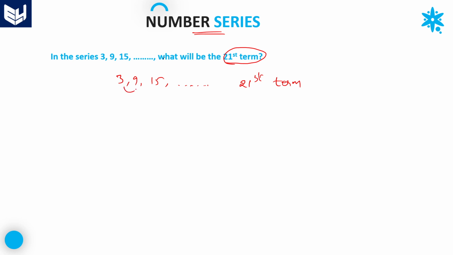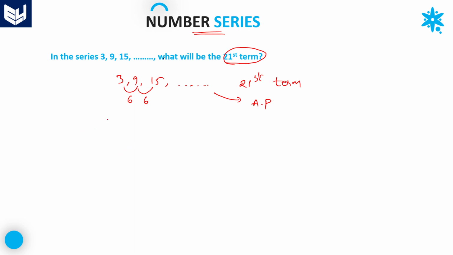If you observe the gap between consecutive numbers, here the gap is 6, here the gap is 6. If the gap between any two consecutive numbers is the same, then we can say that particular series is in arithmetic progression.